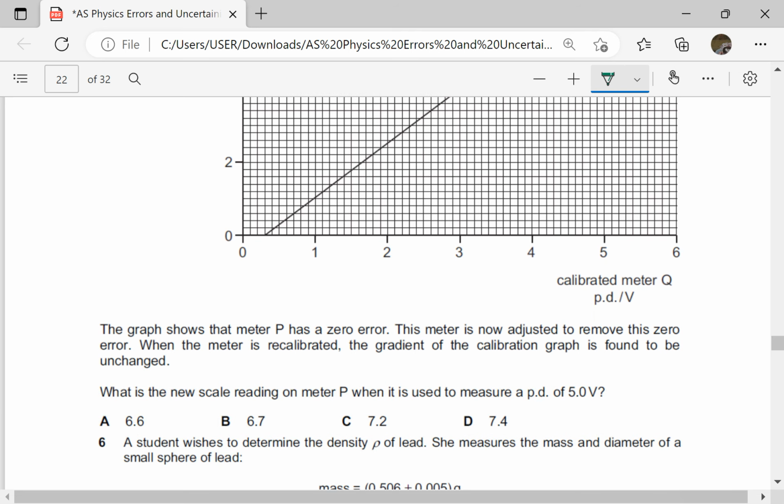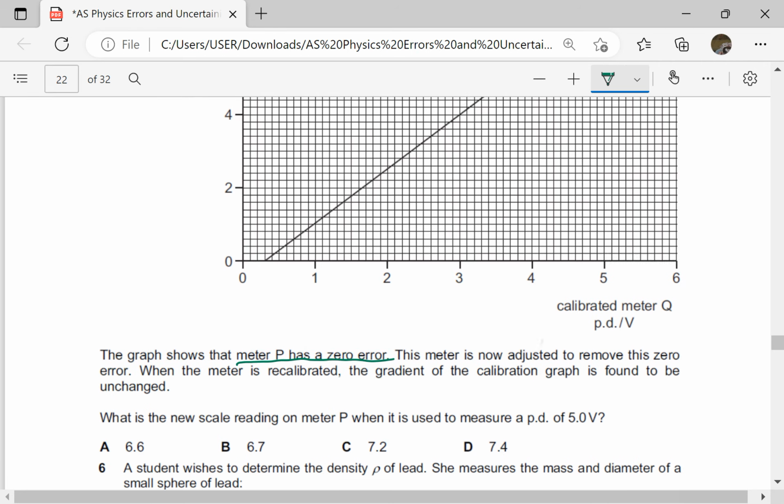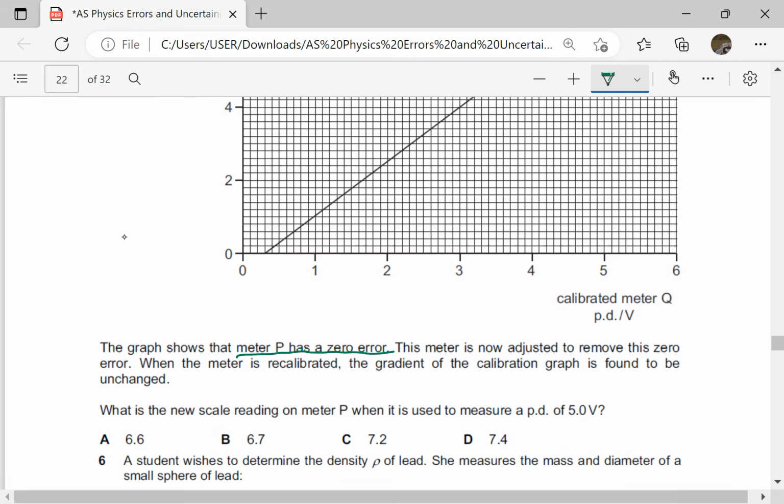The graph shows that meter P has a zero error. This meter is now adjusted to remove this zero error. When the meter is recalibrated, the gradient of the calibration graph is found to be unchanged. What is the new scale reading on meter P when it is used to measure a PD of 5 volts?